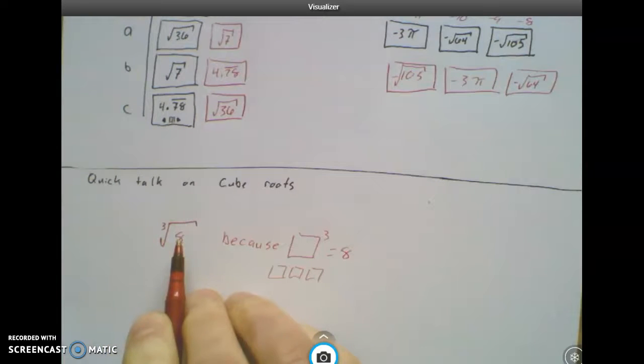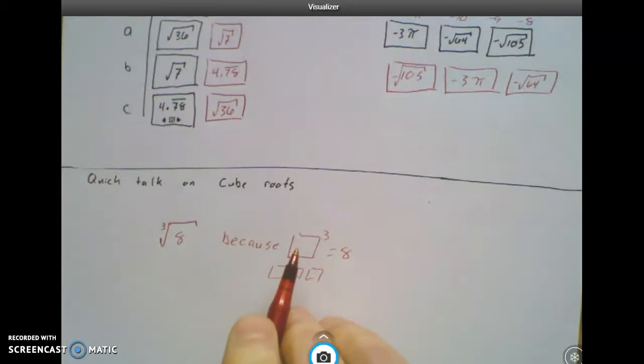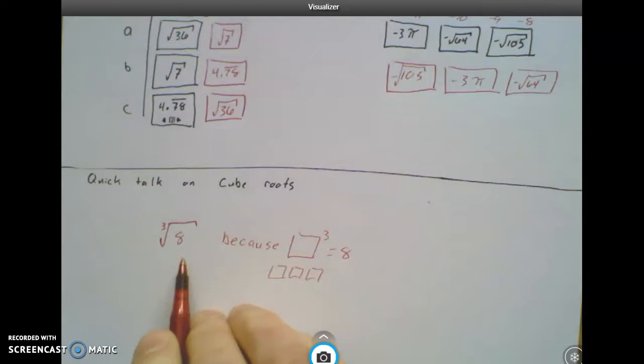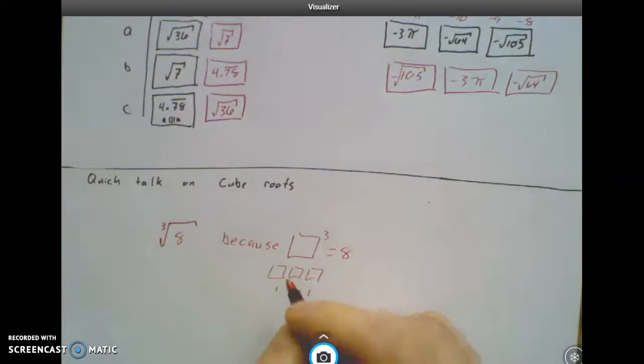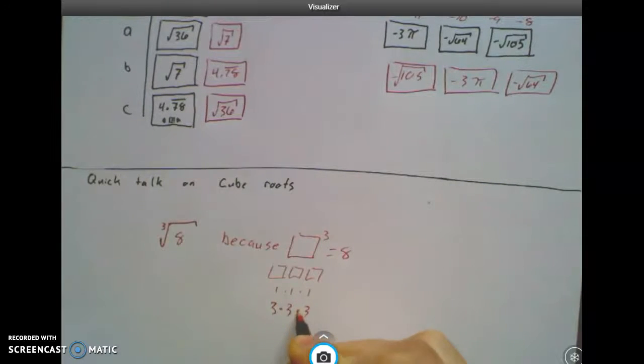The ones they're going to give you are always going to be perfect cubed roots, which means it's always going to be a whole number you're going to put in the box here. So if you're not sure, just guess, right? Like let's try 1. 1 times 1 times 1. Well, that ain't going to work. It's going to be 1, right? And if I went to, hey, maybe it's 3, so 3 times 3 is 9.